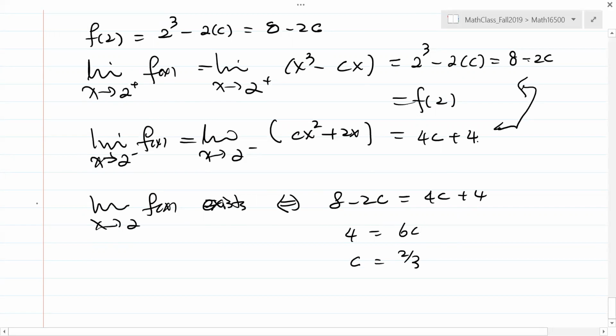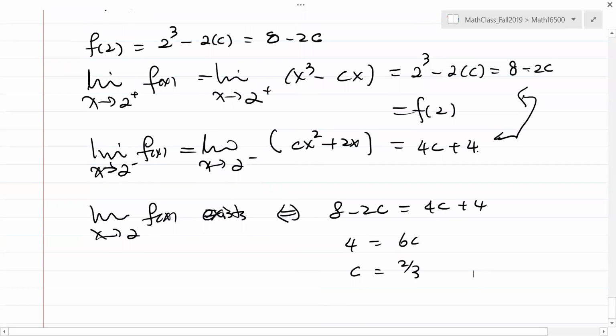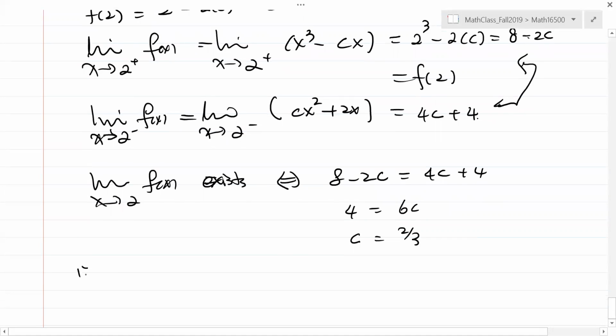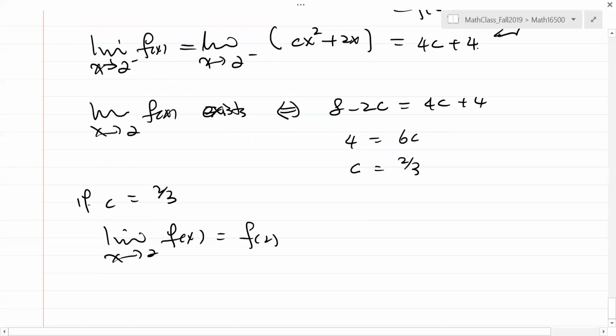So when c equals 2 over 3, this limit exists. Not only does it exist, it's equal to the value of the function, because the right-hand limit is already equal to the value of the function. Okay, so we solved the problem.